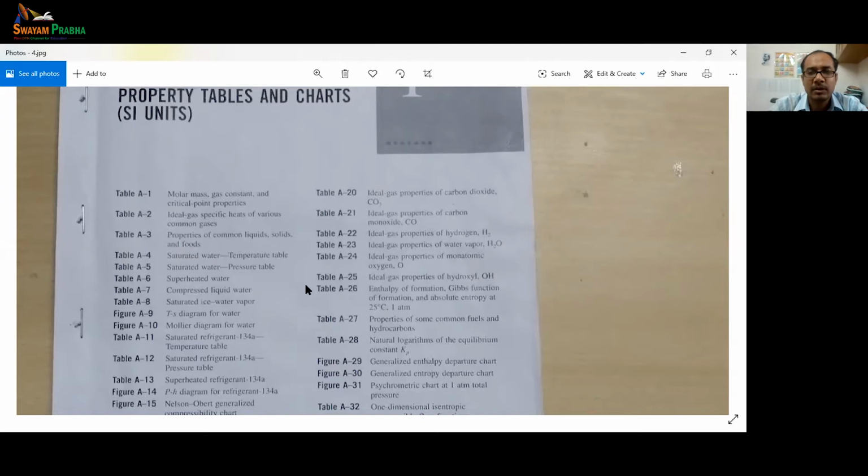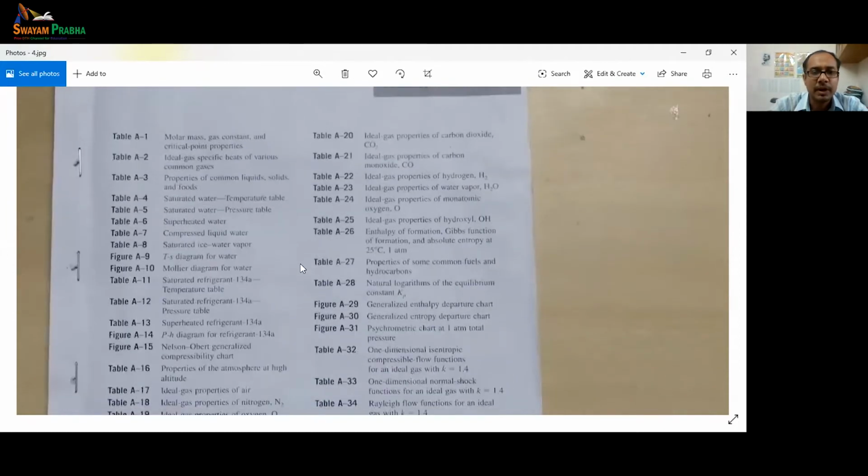Okay, but you will see that we are always concerned about the differences, not the absolute value but the differences. So in that way, there will be no discrepancy in the calculation if you use different tables. Okay, ultimately the values you will get will be the same, but due to change in reference, the numbers may vary a little. Okay, so now let's start the first problem.